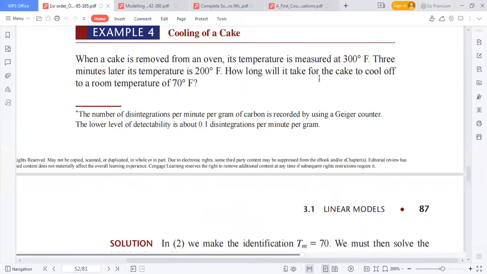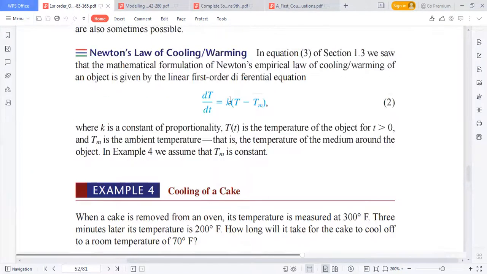How long will it take for the cake to cool to a room temperature of 70 degrees Fahrenheit? So if you want to solve these types of problems, that means using Newton's law of cooling or warming, we have to use first order and first degree differential equations like this.